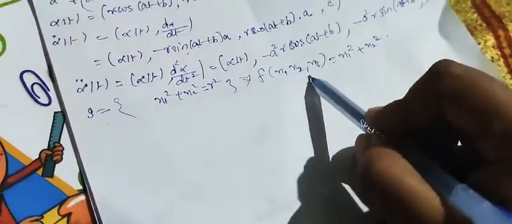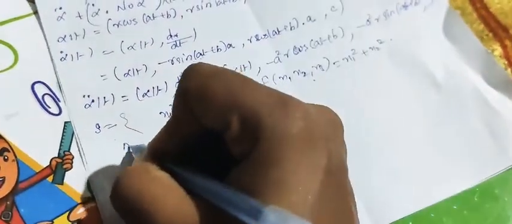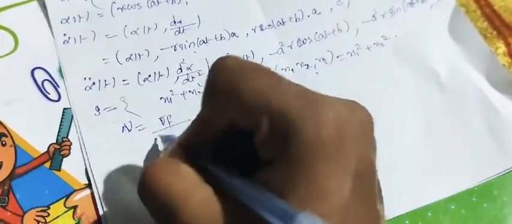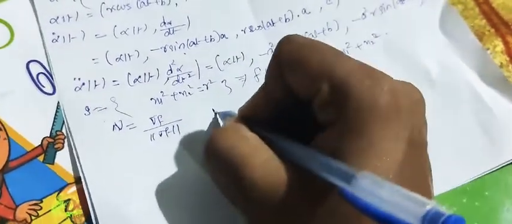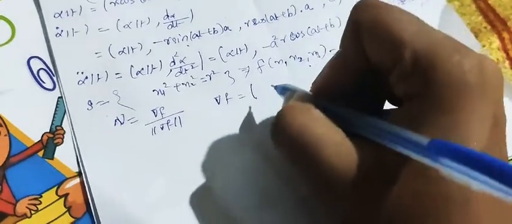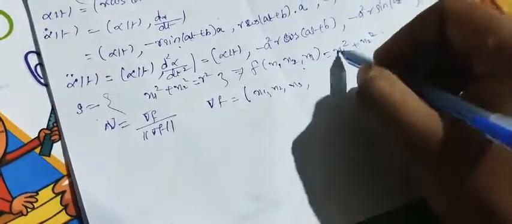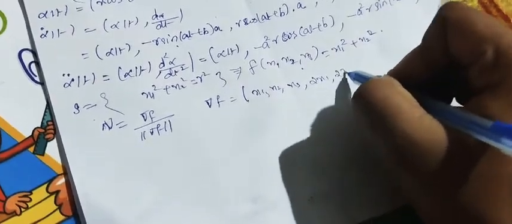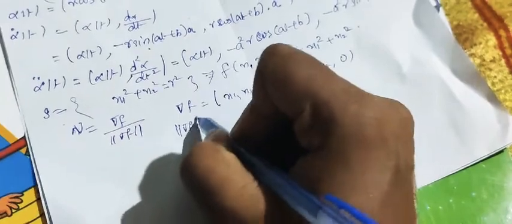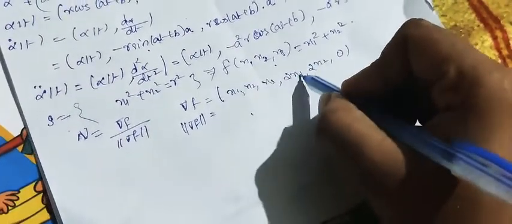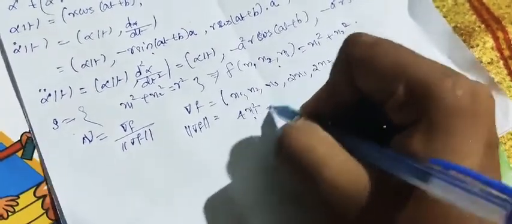So what is N? N is equal to del f by norm del f. So del f at x1, x2, x3 is equal to 2x1, 2x2, 0.